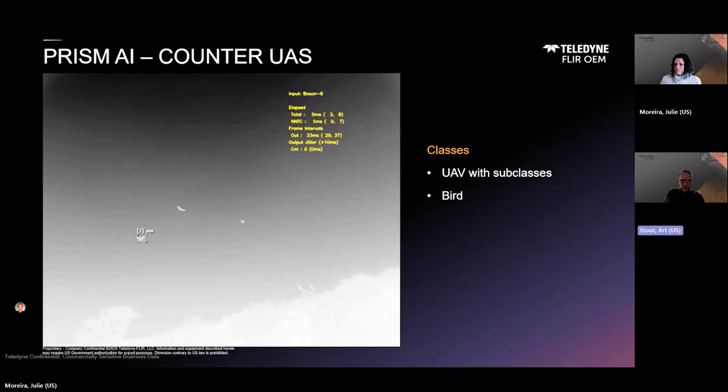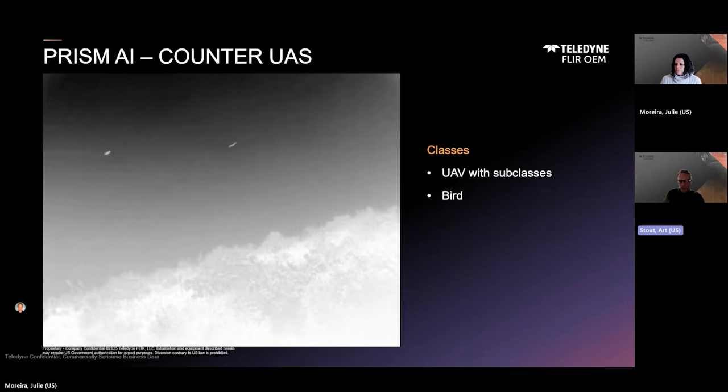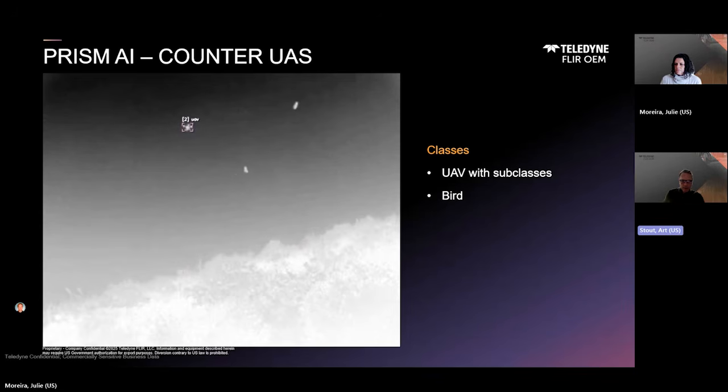And this allows us to disregard the bird detection so that from a systems point of view, the output of this is just the drone detections with their confidence and with the tracking outputs that are necessary to drive the pan and tilt or any sort of countermeasure that's going to be directed at these drones. And this model has very reliable drone detection. It's obviously dependent on the optic and the resolution of the sensors, but we get high confidence drone detections with about 10 by 10 pixels on target.